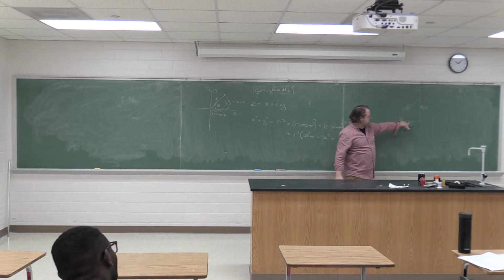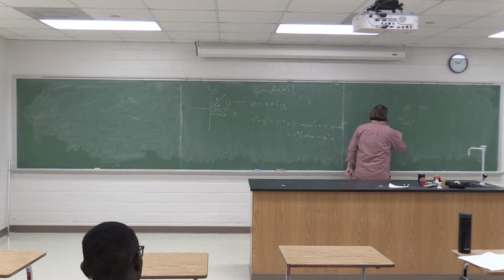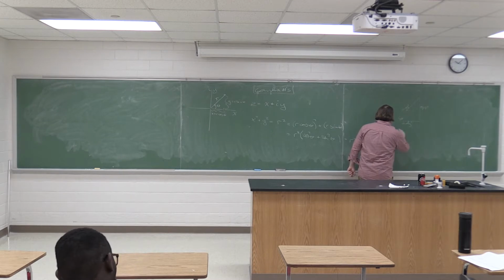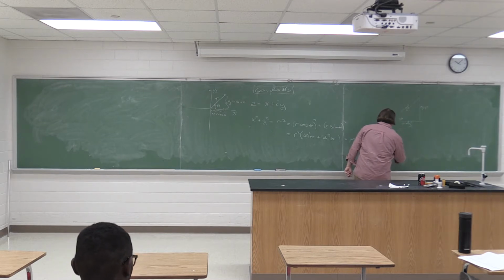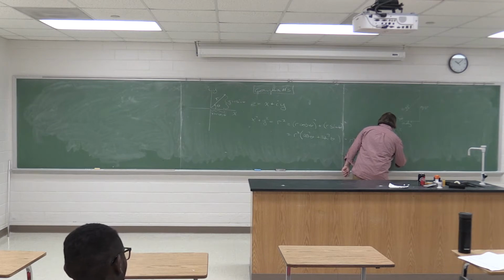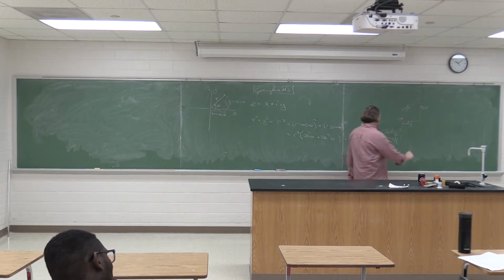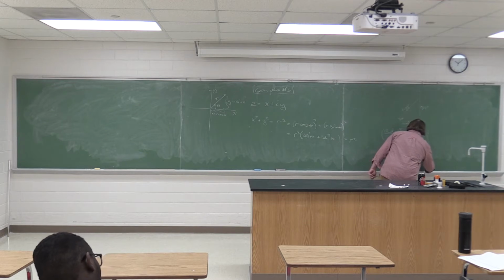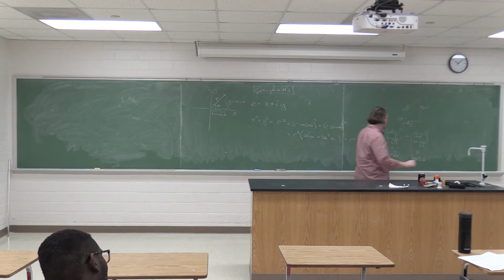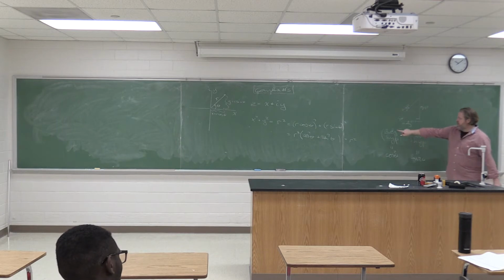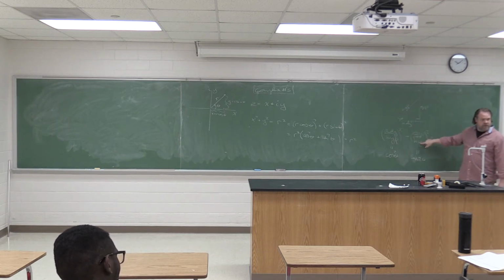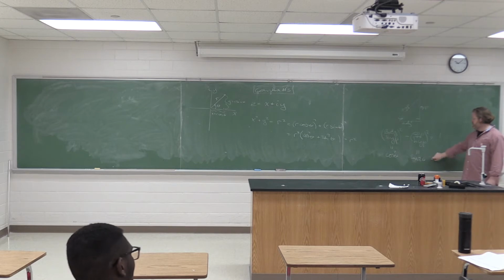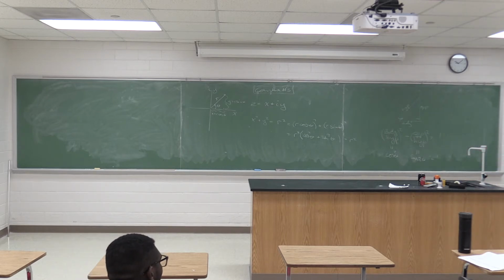So adjacent side over hypotenuse is cos theta, plus opposite side over hypotenuse is sine theta. So since it's a right triangle, adjacent squared plus opposite squared must be hypotenuse squared. So this is just good.